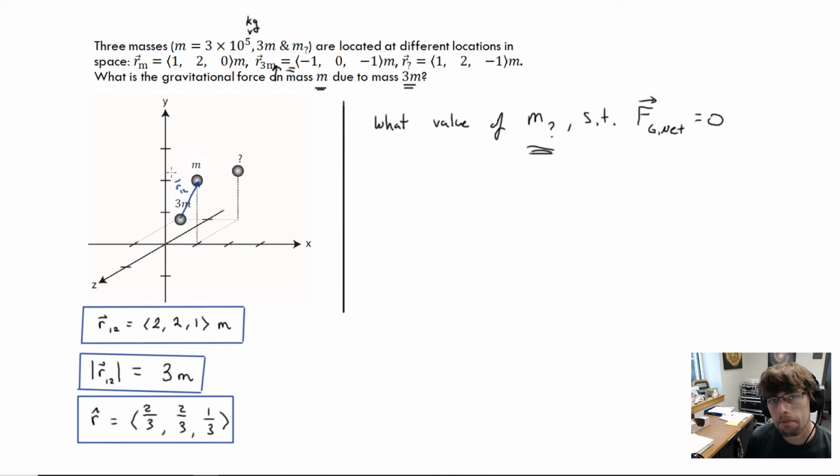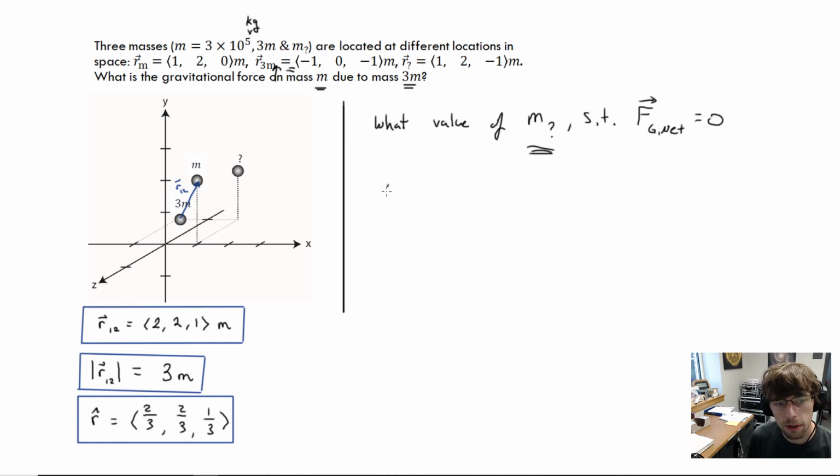Okay. And here's sometimes where the picture really helps us out. If we see the question really is this question mark mass, this unknown mass right here, is it in line with the other two masses?